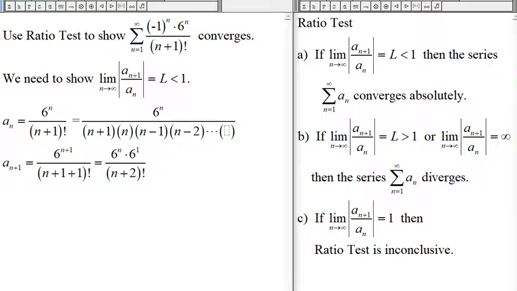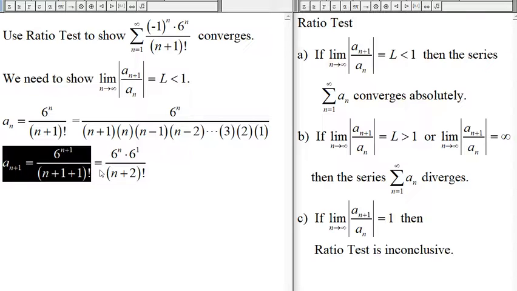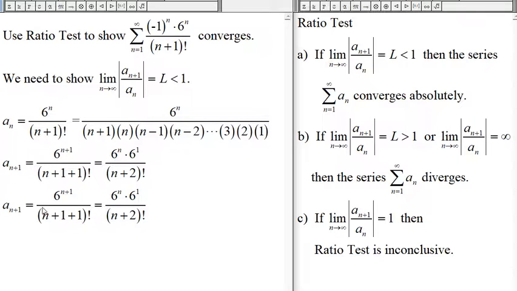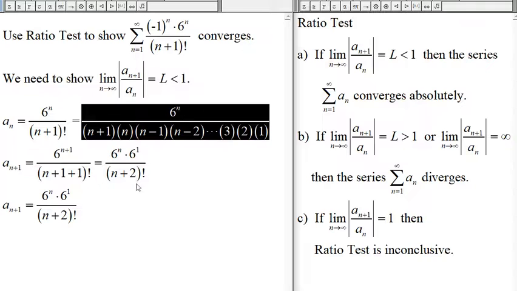And then this becomes 3, 2, 1. And then the same thing here. The only difference is instead of starting with n plus 1, we start with n plus 2.